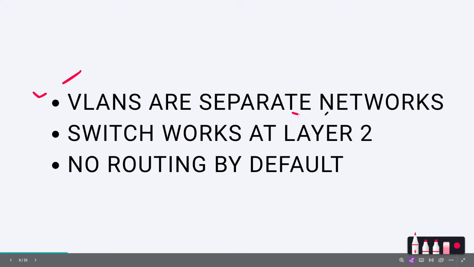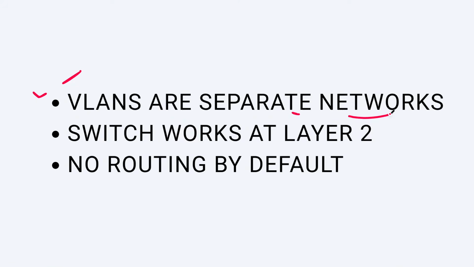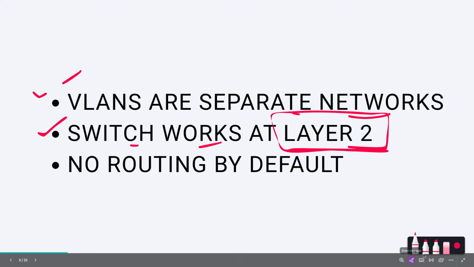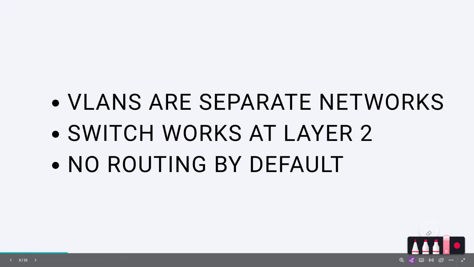VLANs are separate networks, as Joe said. They are designed to be isolated. Perfect, Aniket. Then we have that a switch works at layer 2. Now, can you guys tell me what is this layer 2? What is this layer 2, layer 3?